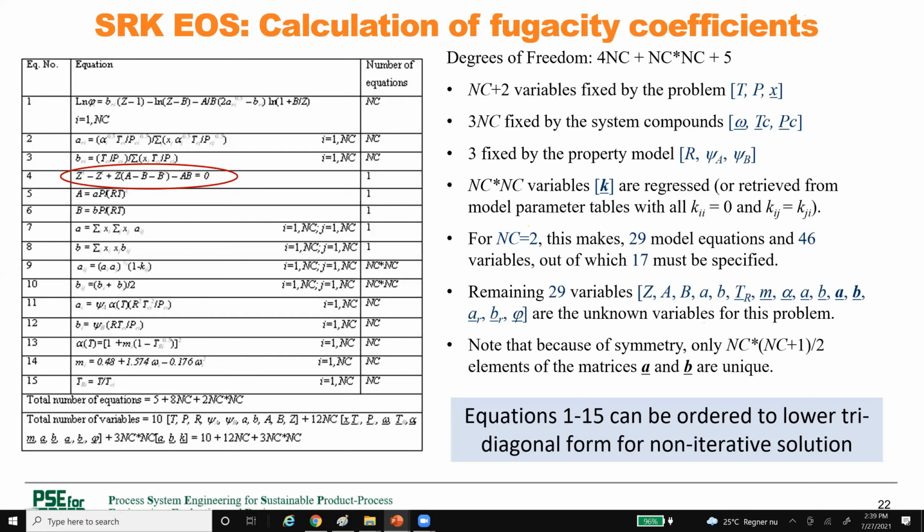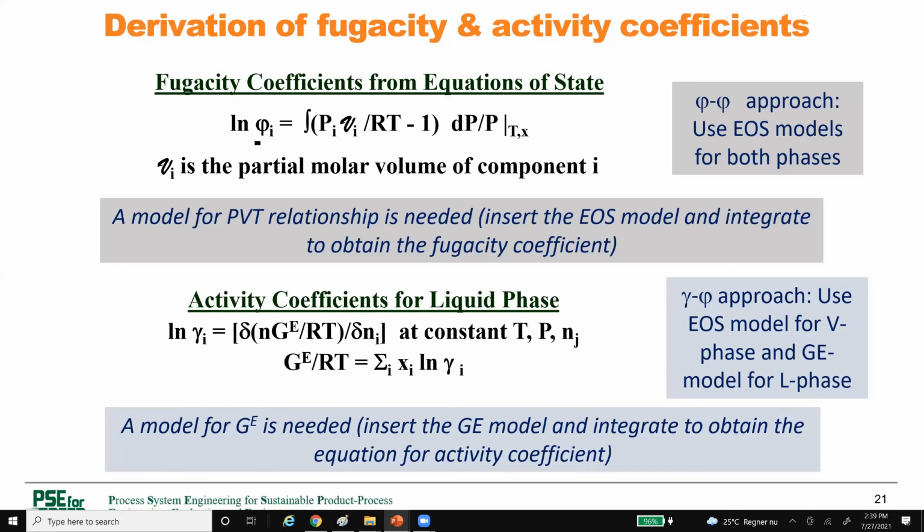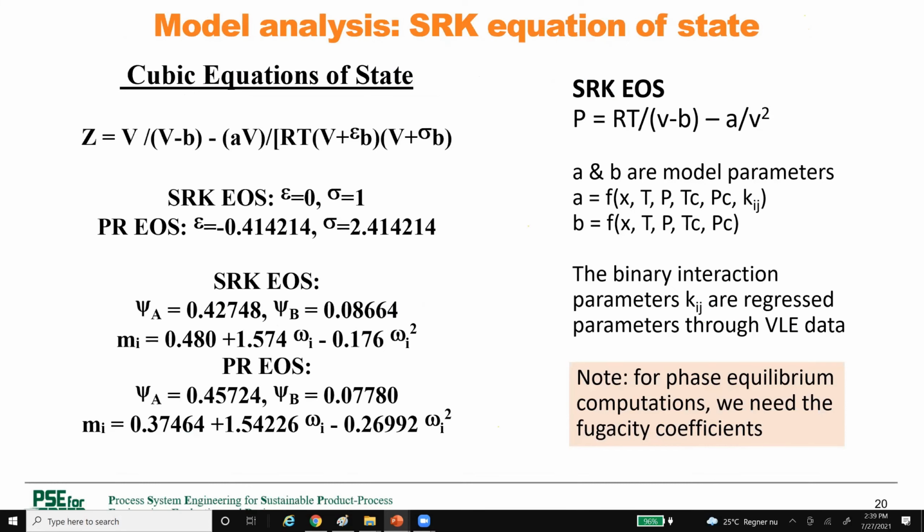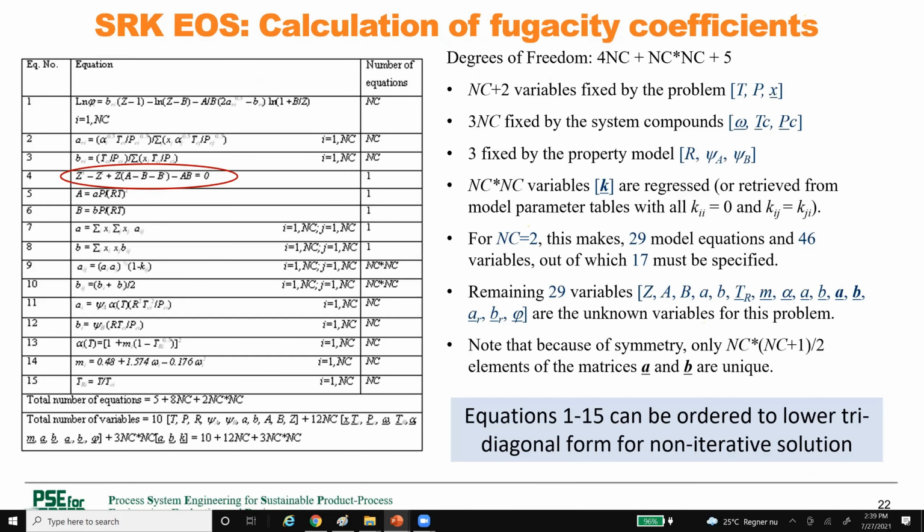Normally people write only one equation like this that you see on the right, SRK equation P equal RT, and people think that it is just one equation that gives you all the results. You actually need to solve these 15 equations, and for a binary mixture, there will be 29 equations, 46 variables, so the remaining variables need to be specified. And this model analysis tells you also which variables to specify.